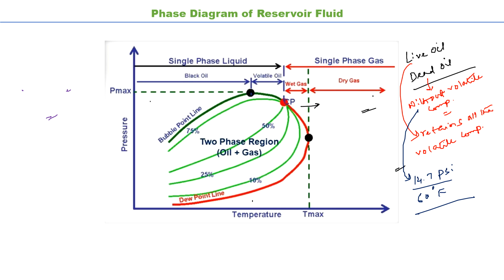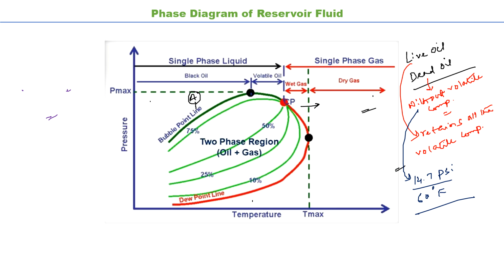Suppose initially we considered there was one point A in the reservoir. A means that it is completely in the liquid phase, because it is above the bubble point line. Now whenever we take the production towards the surface, the pressure is gradually reduced.